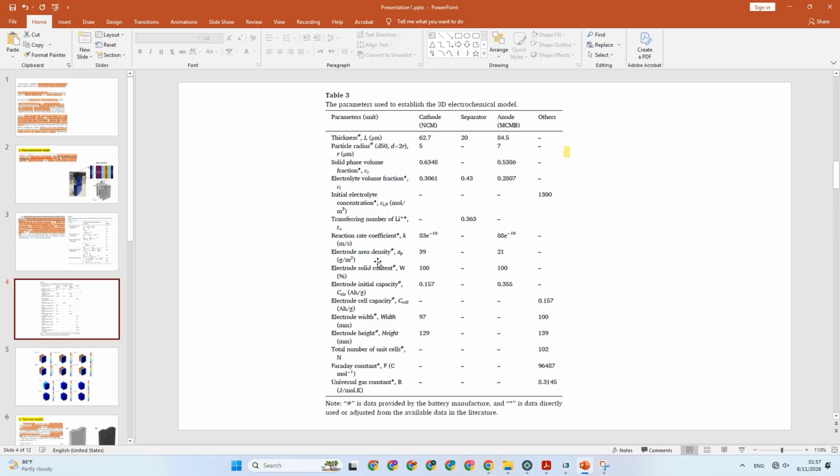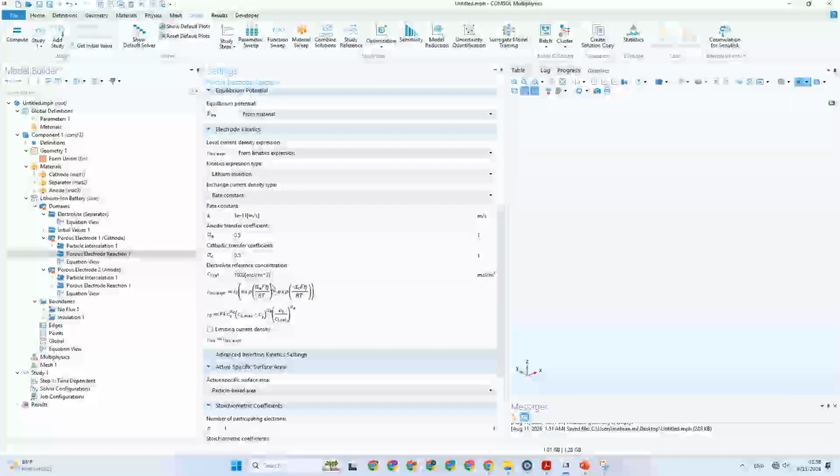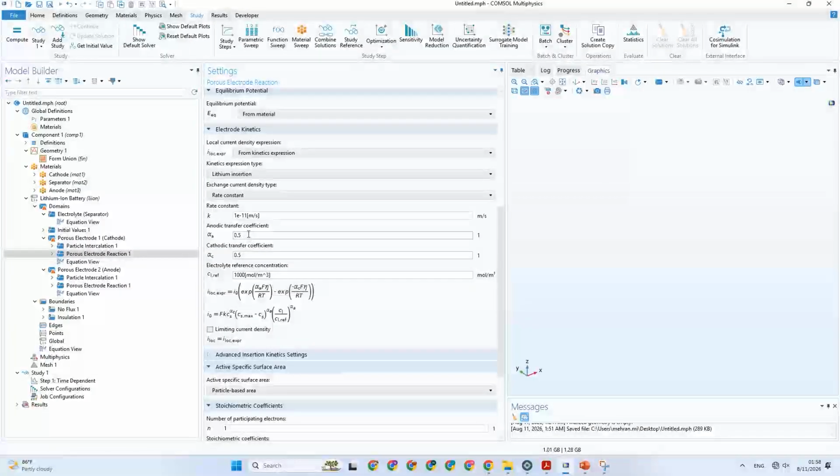Okay, electrode area density, electrode solid content, initial capacity. We have rate constant.